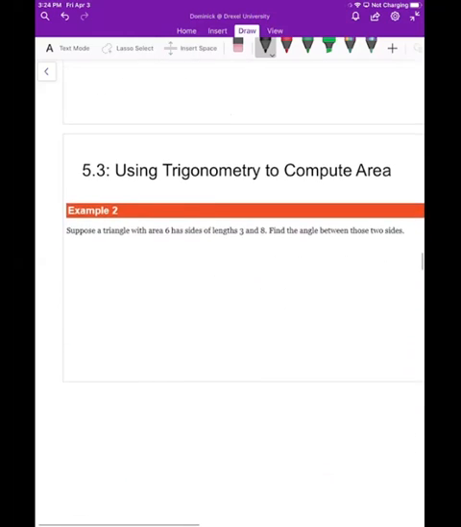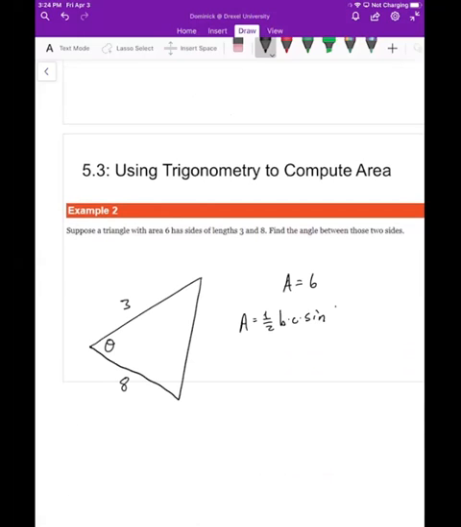Okay, so let's see an example of that. Now we're being told that the area of the triangle is equal to 6, and it has side lengths of 3 and 8, and we want to find that angle, right? So we know that A is equal to 1/2 B times C times sine theta, and we just showed a second ago that the sine of theta is equal to 2A over BC.